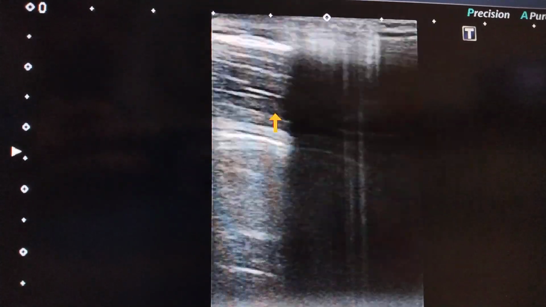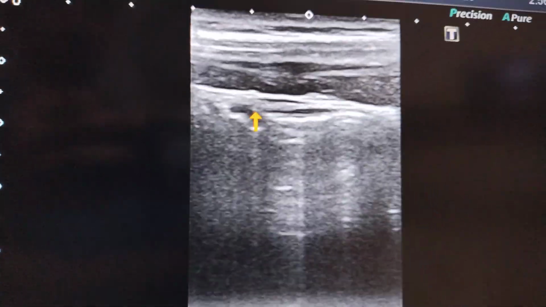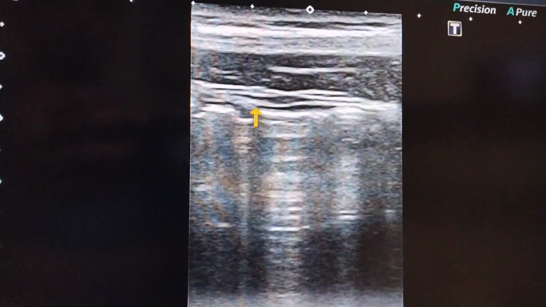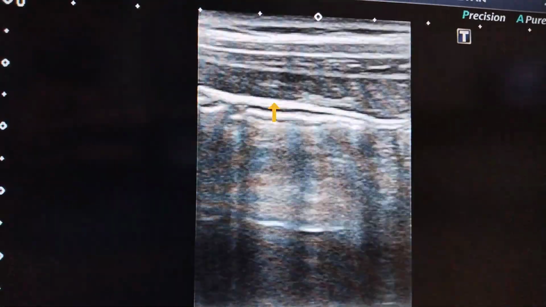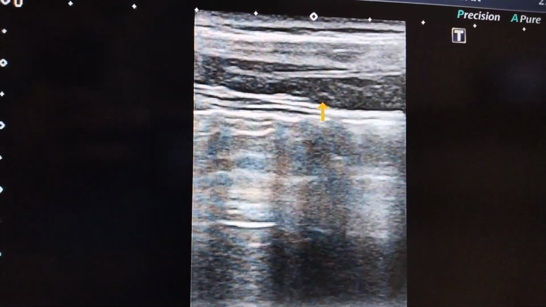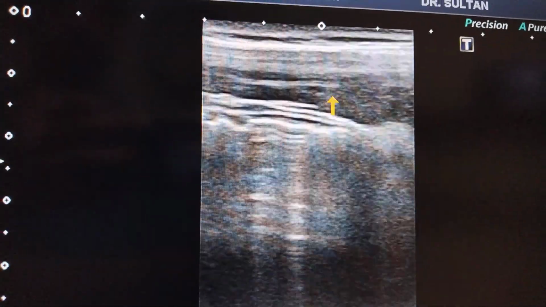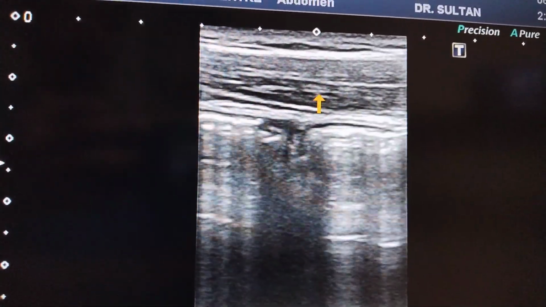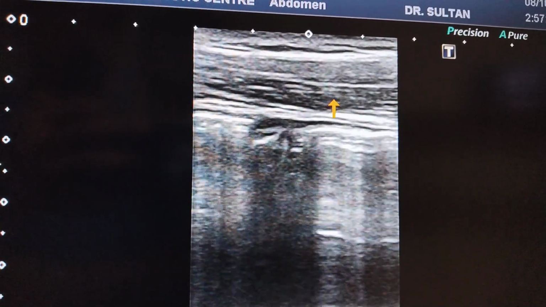One criterion is that we put the probe in a longitudinal direction below the umbilicus, and then we can appreciate the muscle on the screen. This is the rectus abdominis muscle.